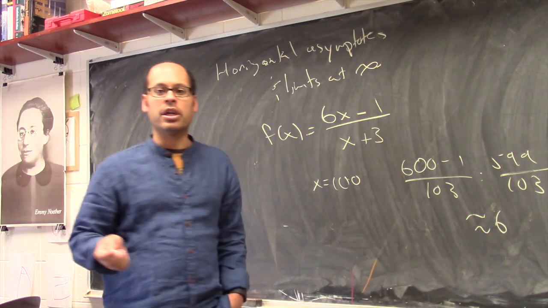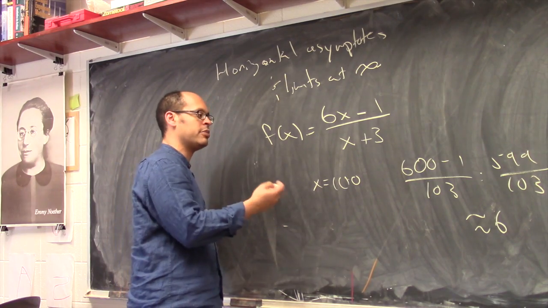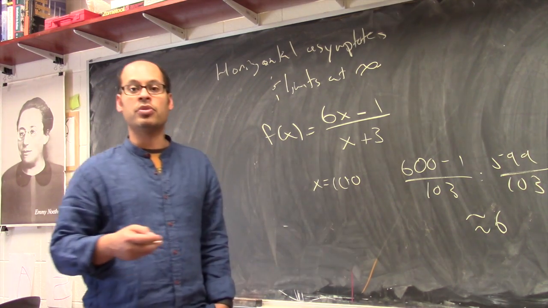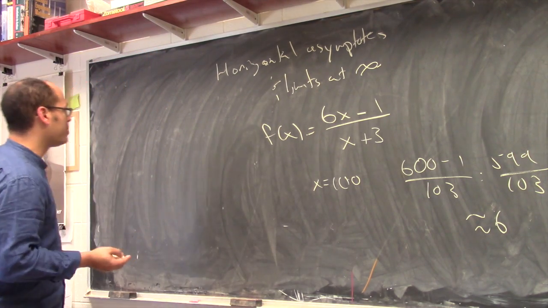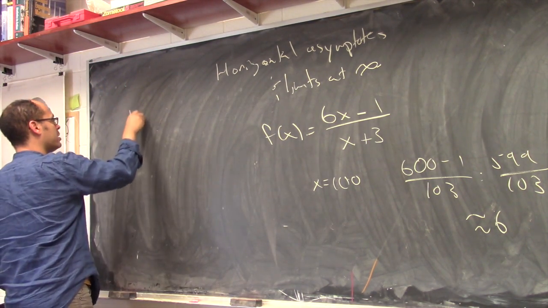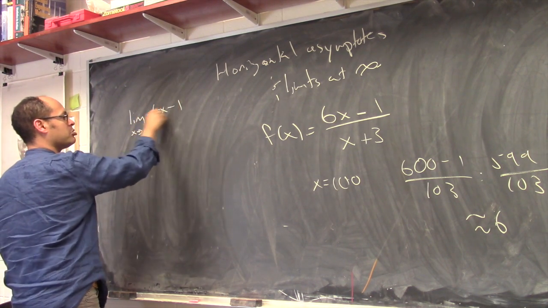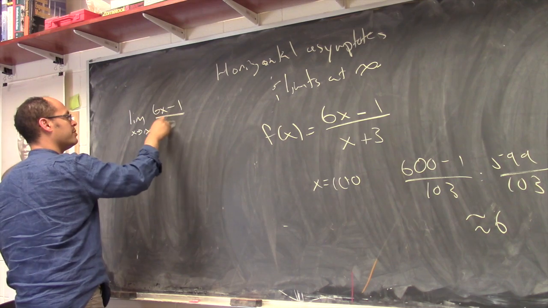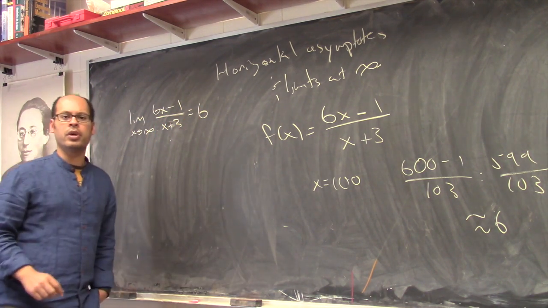And what you can see without too much imagination is that if I were to continue in this way, plugging in bigger and bigger numbers, then the result would be closer and closer to 6. We're going to eventually formalize this by writing the limit as x goes to infinity of 6x minus 1 over x plus 3 is equal to 6.